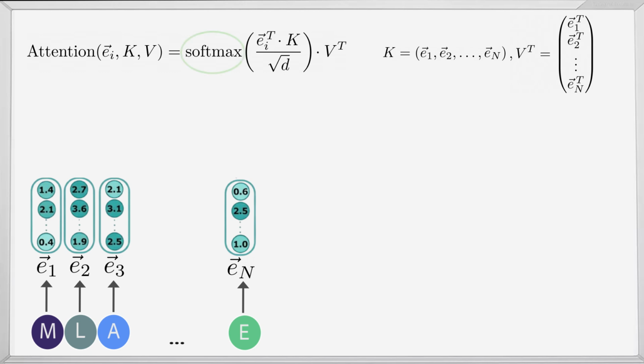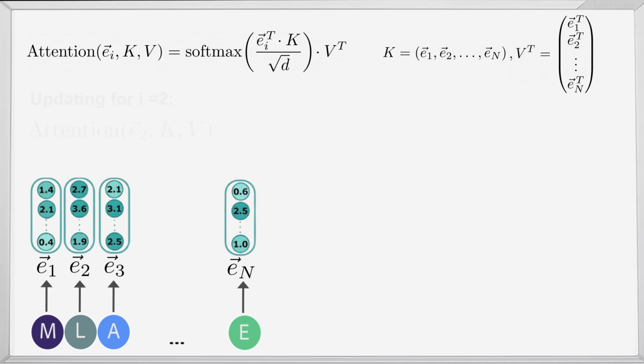The first part of the attention function consists of the softmax function, where inside we have the product of vector Ei transposed with the matrix K. This means that we are calculating the scalar product of Ei with all the other n vectors, which results in a vector of length n that contains our importance scores, which are then scaled between 0 and 1 by applying the softmax function. Multiplying this vector with V transposed is equal to calculating a weighted sum of all vectors E1 to En. But let's go through it step by step.